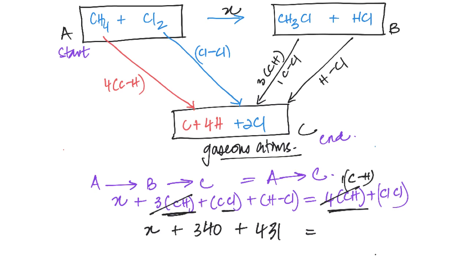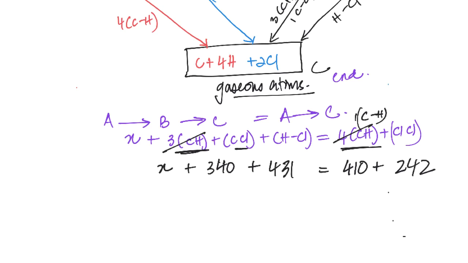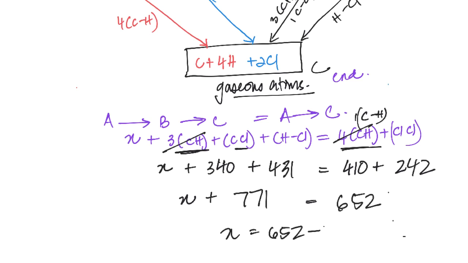And 1 CH, what is it? 410. And 1 Cl, how much is it? 242. And that's it. So all positive. When you solve for X, you will get X plus whatever this is, 771 is equal to 650. And you get what? -1.